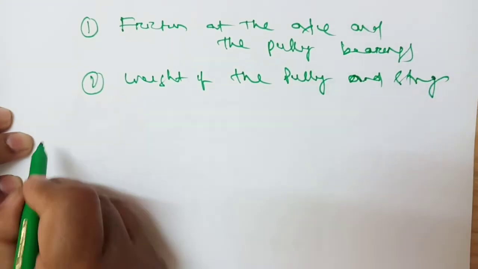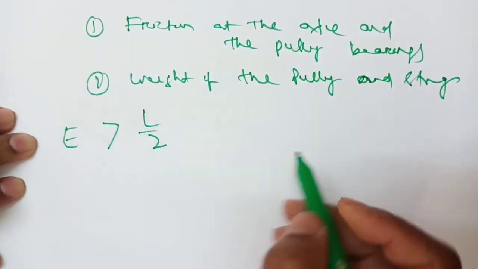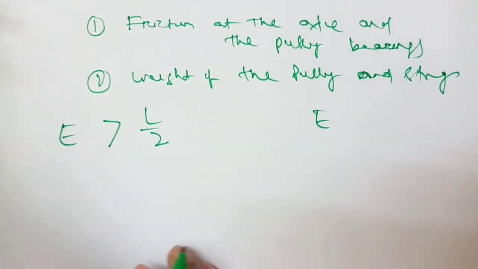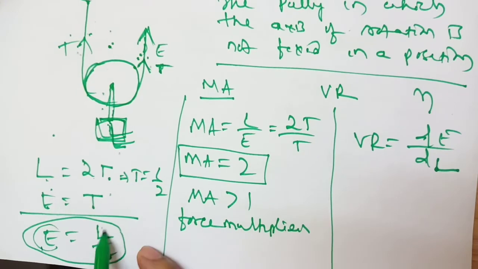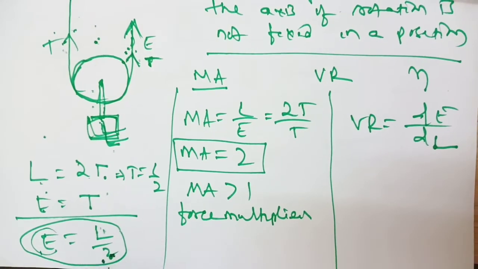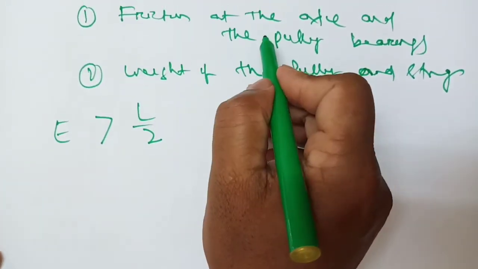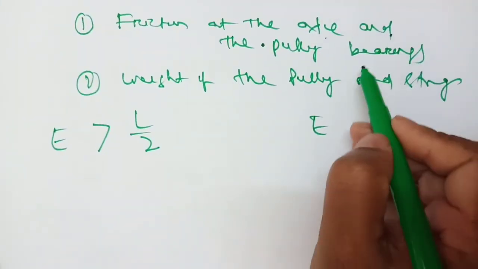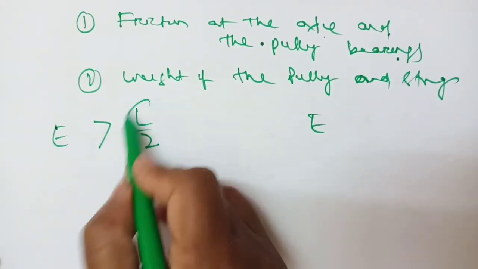What happened? The effort you are applying is greater than L by 2. Before I told you that E is equal to L by 2, meaning half the load is required. But here, due to the friction at the axle and the pulley bearings, the effort is more than L by 2.